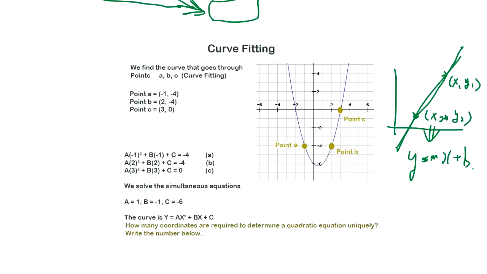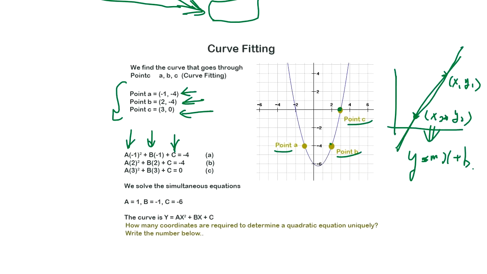But for the quadratic equation, 2 points are not enough. You need 3 points, for example (-1, -4), (2, -4), and (3, 0). Why do you need 3 points? Because there are 3 coefficients, a, b, c.